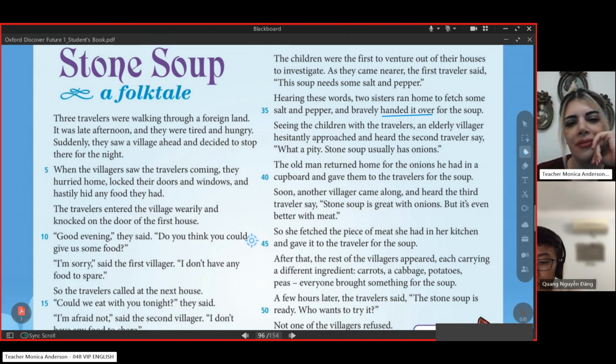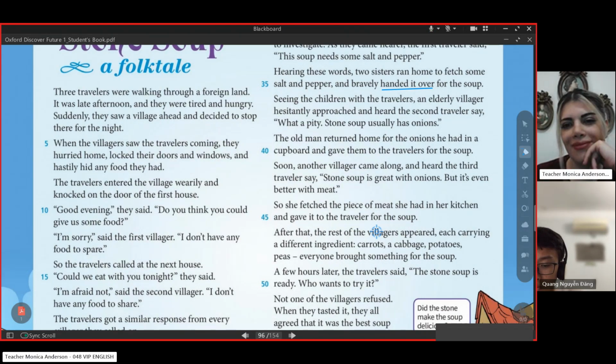Soon, another villager came along and heard the third traveler say, "Stone soup is great with onions, but it's even better with meat." So she fetched the piece of meat she had in her kitchen and gave it to the traveler for the soup.